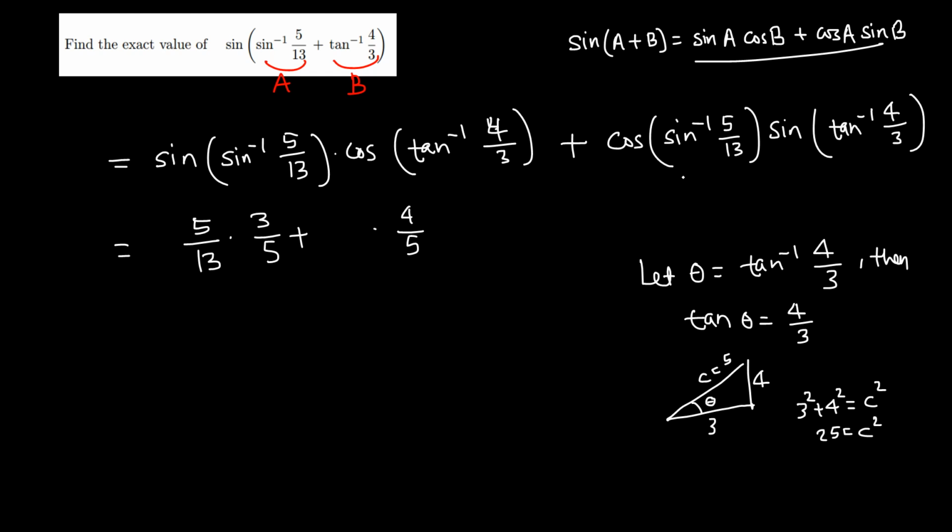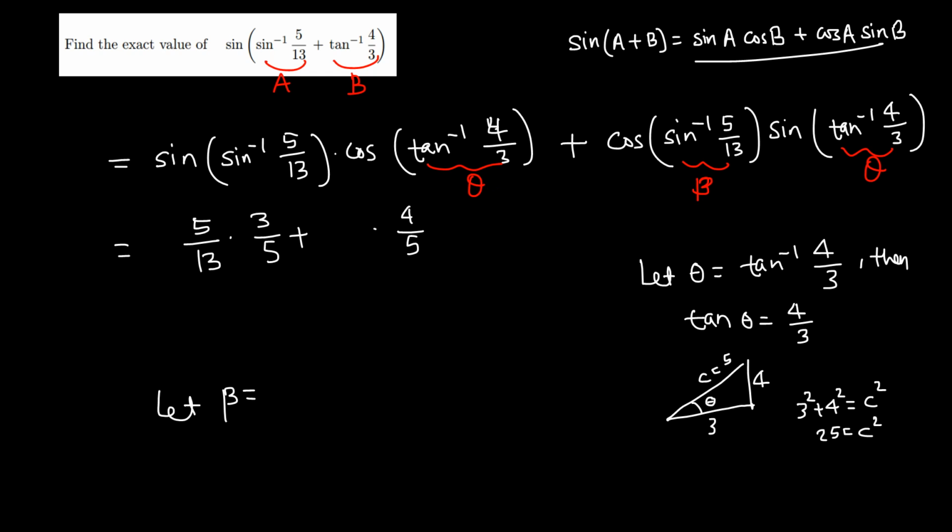Now we need to work on this. So let's assume another angle, beta, be sine inverse of 5 over 13. And then we can finish the problem here. Let beta be this angle. We said theta, we could have said A or B, it doesn't matter.